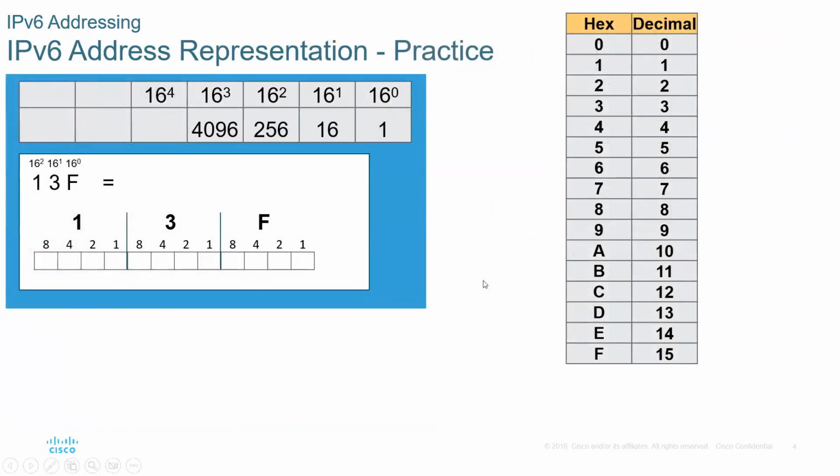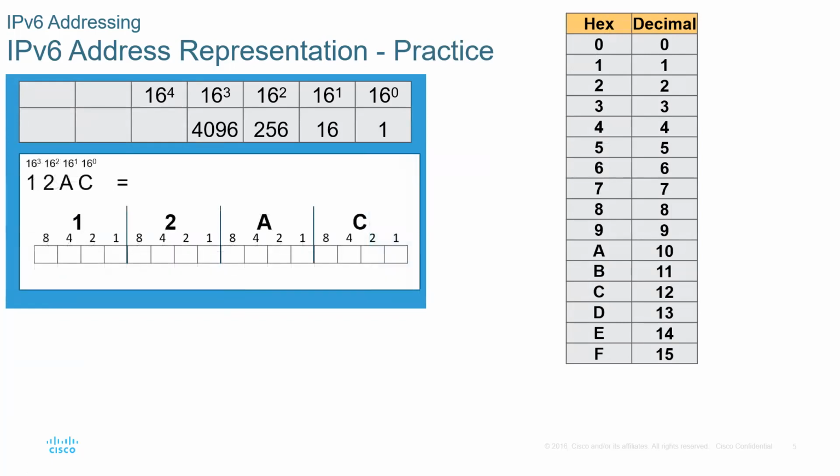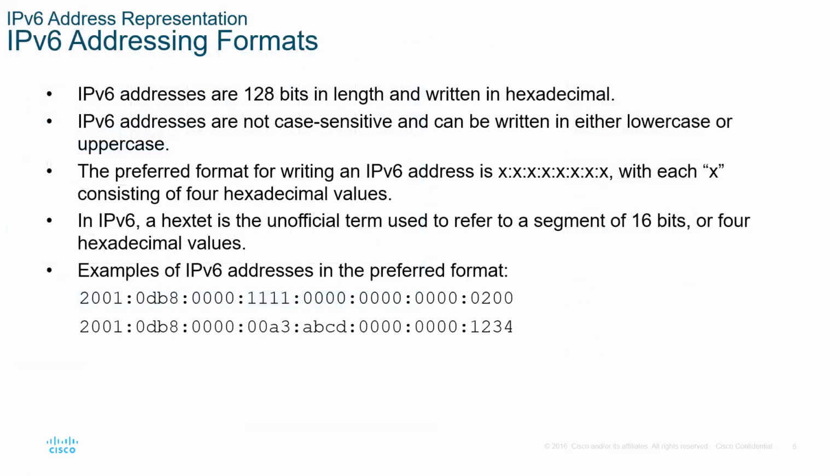So again, there isn't a whole lot of hex information that you need to know in order to be competent with this module. Your assessment won't ask you to convert a lot of stuff or interpret a lot of things, but later on we'll ask you to do that. For now, what we want you to understand is that we don't have classes. So there is no class A, class B, or class C. There is 4 times the number of address space.